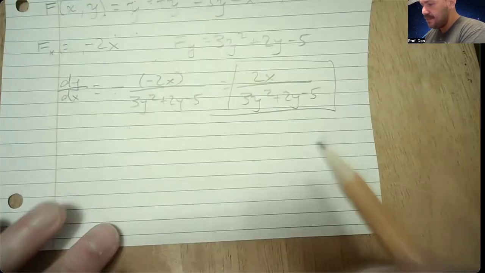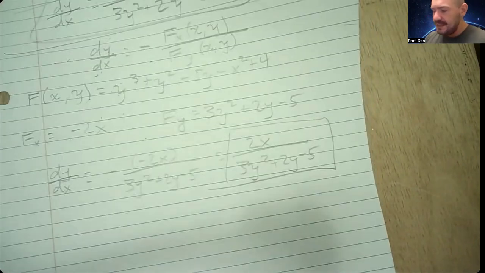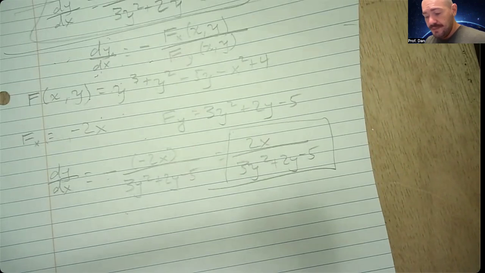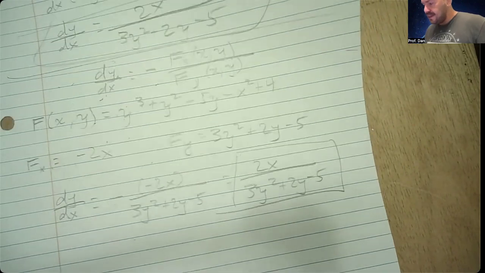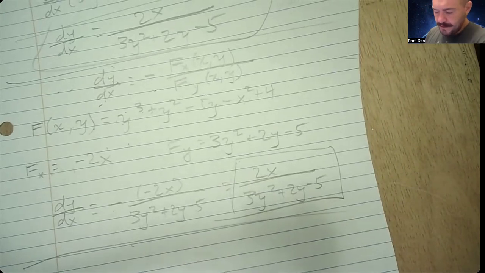So we can actually use partial derivatives to do implicit differentiation. And that also works when we have functions of more than one variable, right? Or more than two variables. So you can actually have similar formulas for functions of three variables.